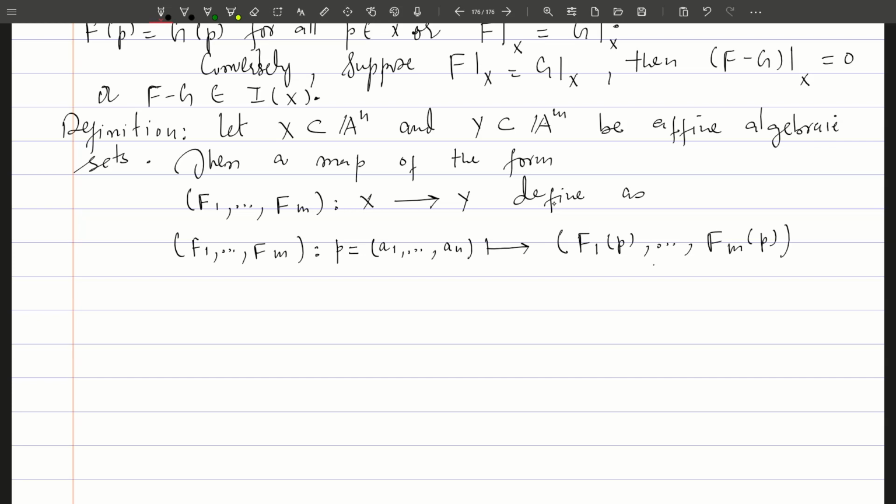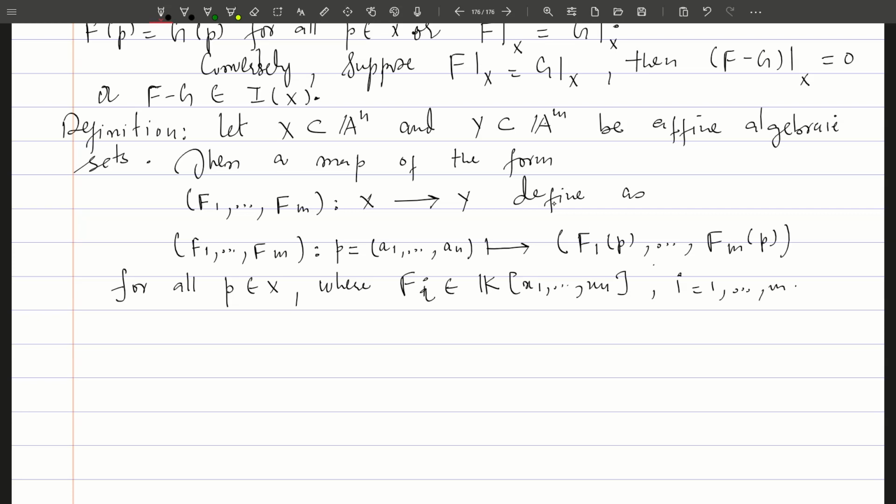This is true for all the points P in X, where these fi's are elements of the polynomial ring in n variables, for i equal to 1 up to m.